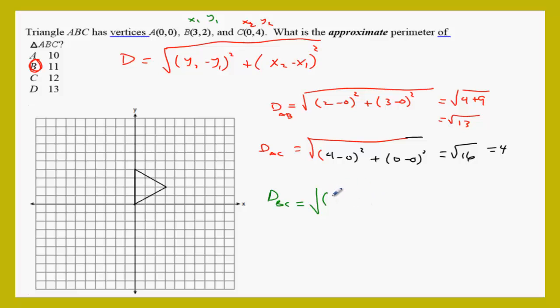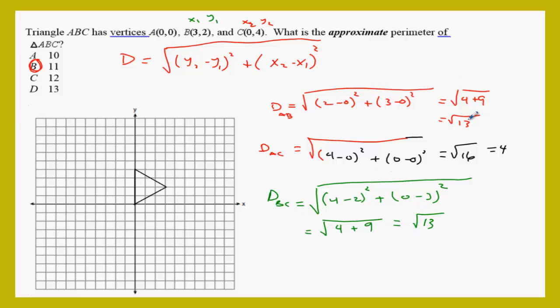So y2 minus y1, 4 minus 2 squared, plus x2 minus x1, 0 minus 3 squared. Close the square root, so that's going to be the square root of 4 minus 2 is 2, to the power of 2 is 4, plus 0 minus 3 is negative 3, negative 3 to the power of 2 is positive 9. Also check your answer with the calculator: it equals square root of 13.